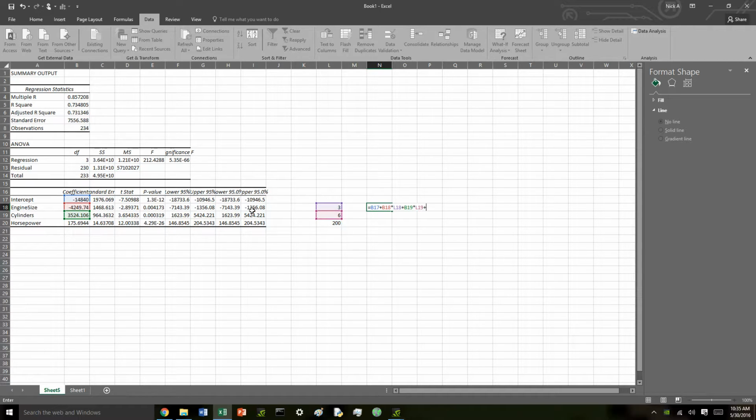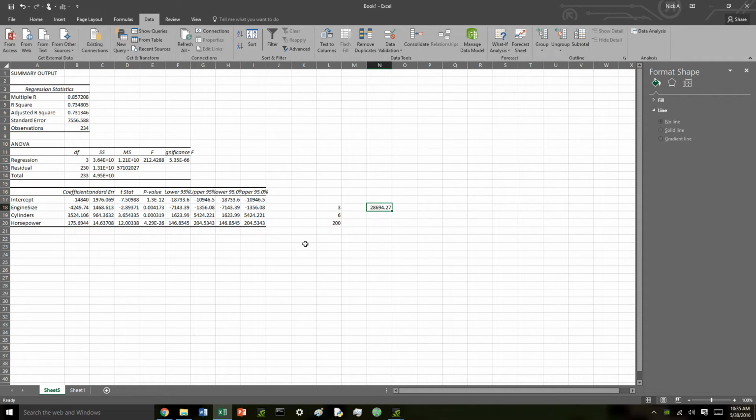Horsepower, the coefficient for horsepower times the amount of horsepower. Once you exhaust all these variables, you just click enter, and that's your prediction, $28,694.